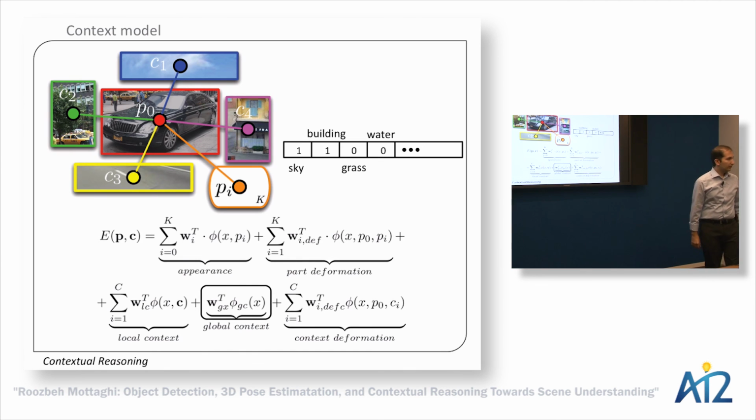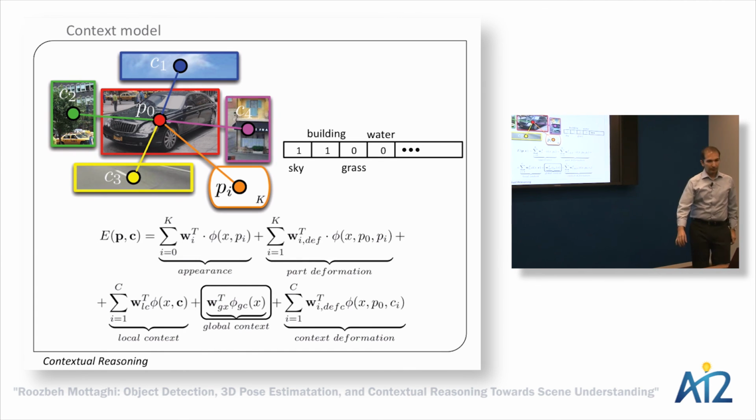For the local context, you use real numbers to represent what fraction is sky versus. Yes. And for the global, you use just 0, 1 binary. Is there a reason? Yeah, global is kind of scene level. So you can basically assume that you have a box for the full image and check if that category exists in that box or not.